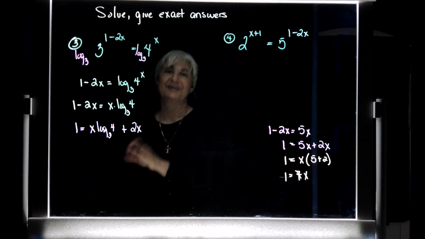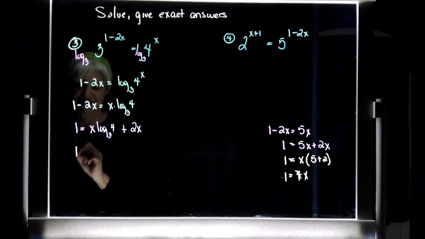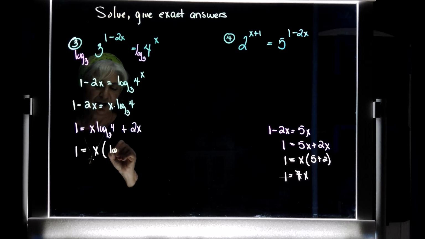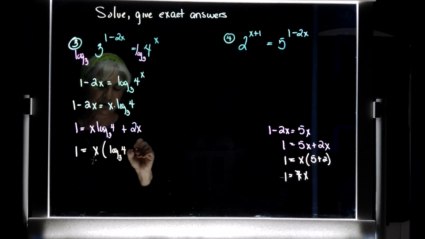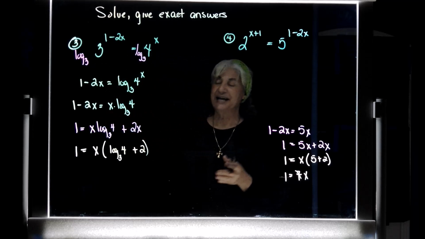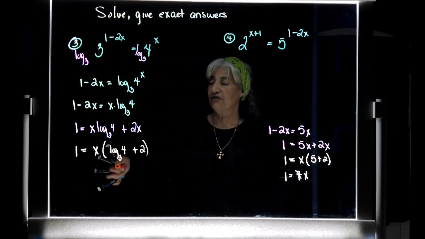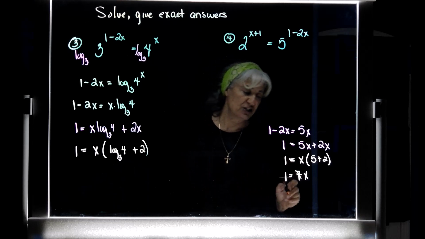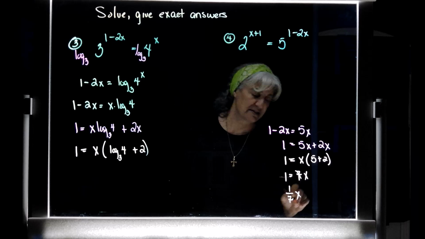So over here, factor out the x. Right. 1 equals x times a quantity, log base 3 of 4 plus 2. And now it's a little more obvious. To solve for the x, you got to divide both sides by that parenthesis. Agreed? Just like you would divide both sides by the 7 over here.